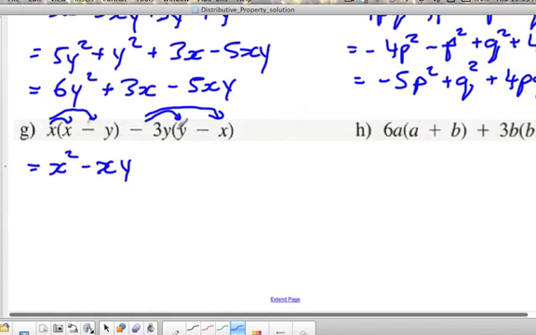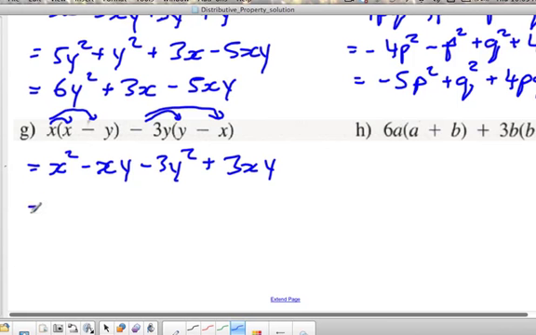So negative 3y times y is negative 3y squared. And negative 3y times negative x, well, it's going to be positive because a negative times a negative is a positive. So the signs are all going to change inside the bracket because we're multiplying by a negative term. And so this will be plus 3xy.